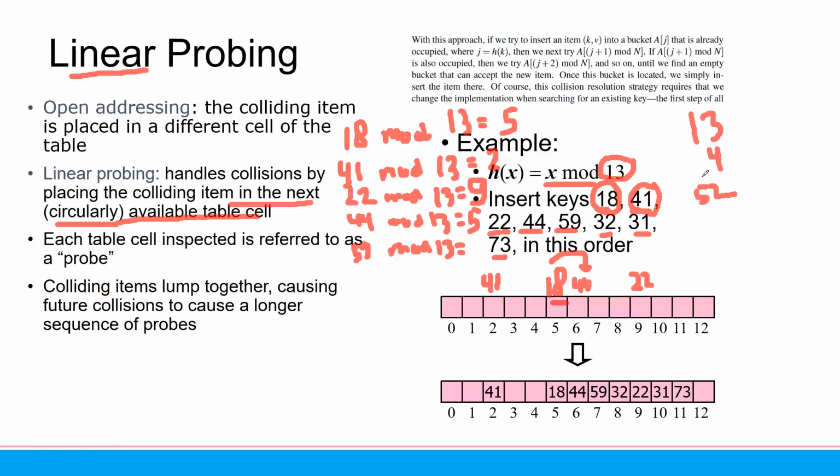Then 59 minus 52 is 7. In index 7, we just put 59.